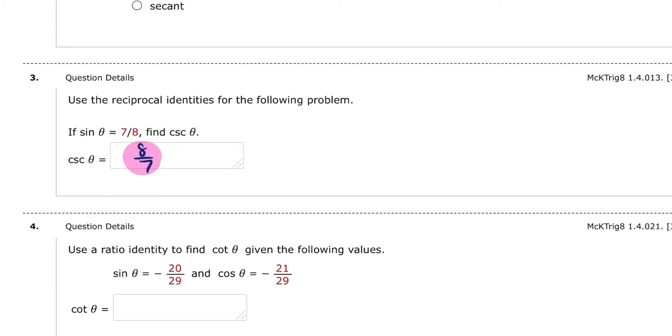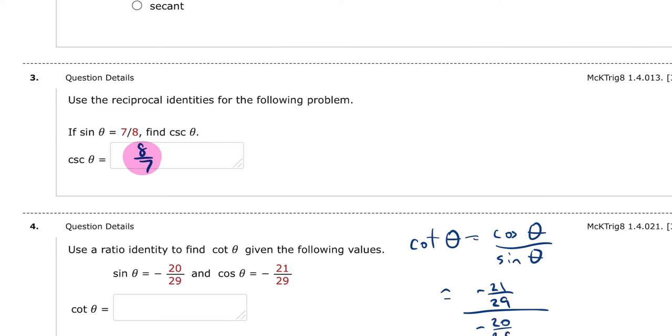All right. Use a ratio identity to find cotangent of theta given the following values. In order to find cotangent, by definition, we know that cotangent is equal to cosine divided by sine. So in this case, we have cosine, which is -21 over 29, divided by sine, which is -20 over 29.